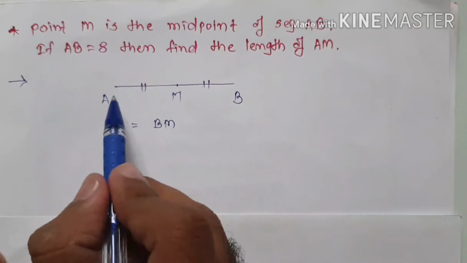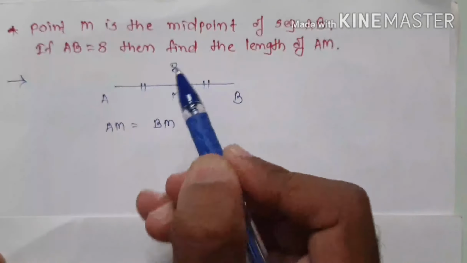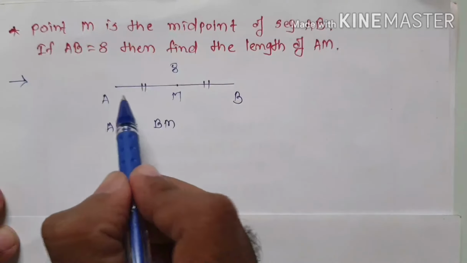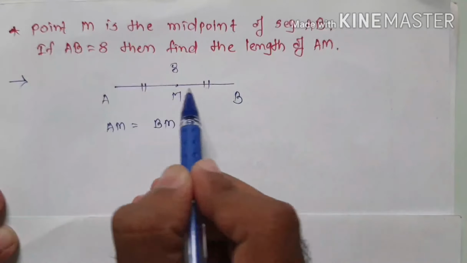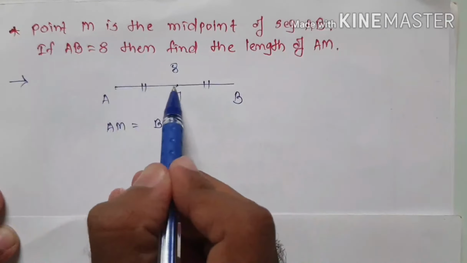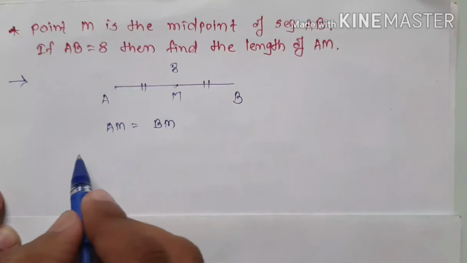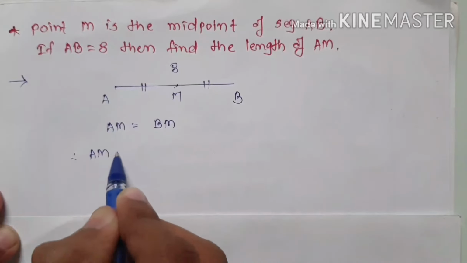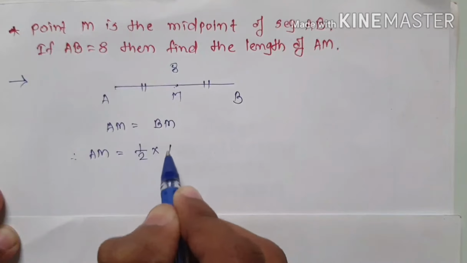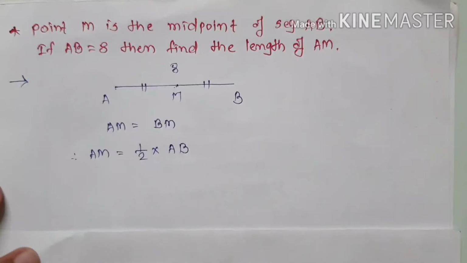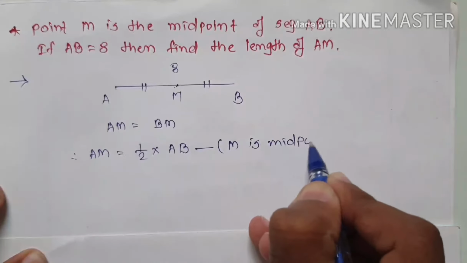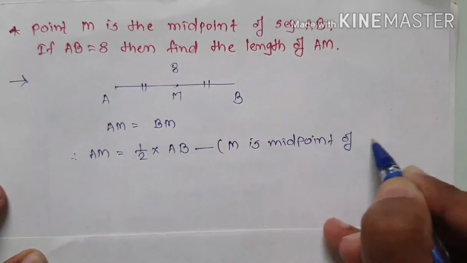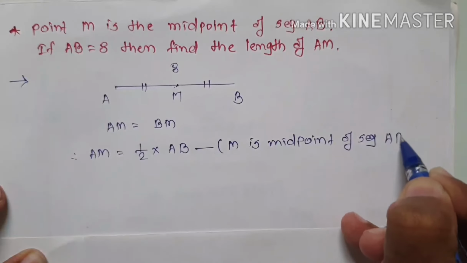Now here the length of segment AB is given and it is 8. If we have to find the relation between AM and AB, as AM and MB are equal, that means AM must be half of segment AB. So we can write AM is equal to 1/2 of length AB, and the reason is that it is given that M is the midpoint of segment AB.